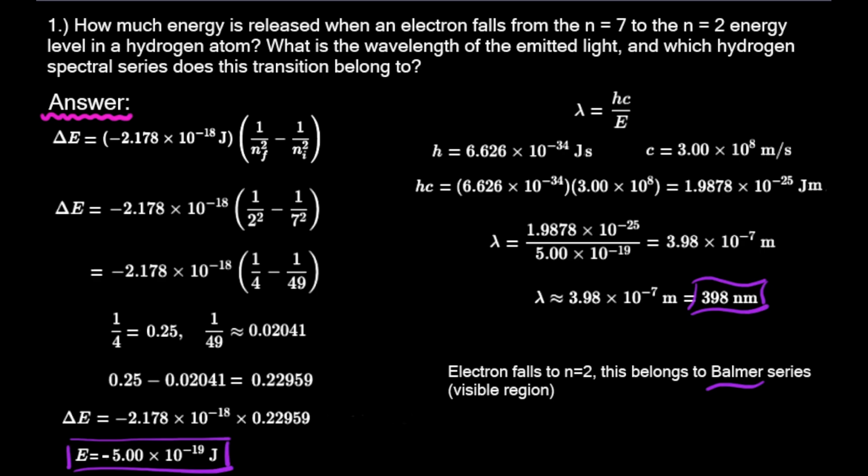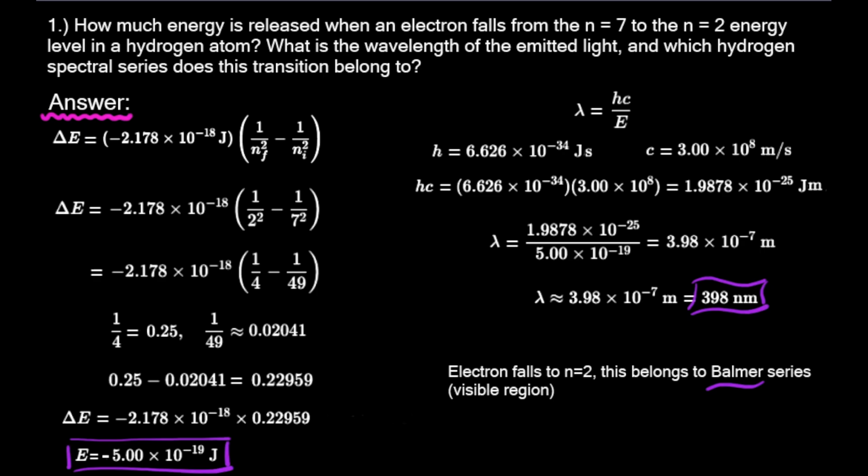This gives delta E equals approximately negative 5 times 10 to the negative 19 joules. The negative sign tells us energy is being released, so the energy of the photon is 5 times 10 to the negative 19 joules.